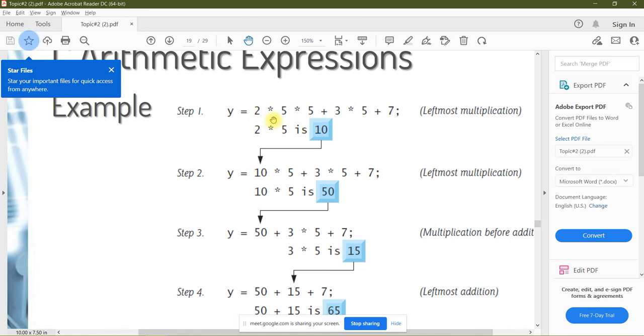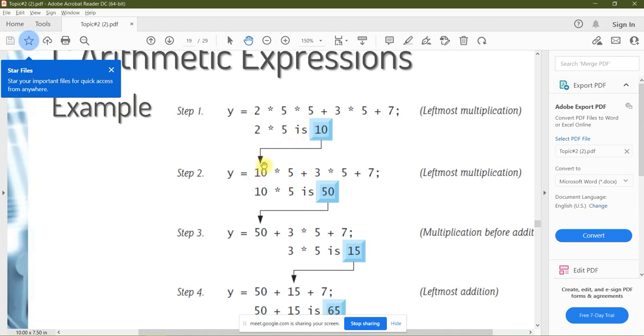Alright, C cannot do them all at once. C is an algorithmic programming language, as I have mentioned, so it can only perform one operation at a time. It cannot do them at the same time. So, 2 times 5 is 10.